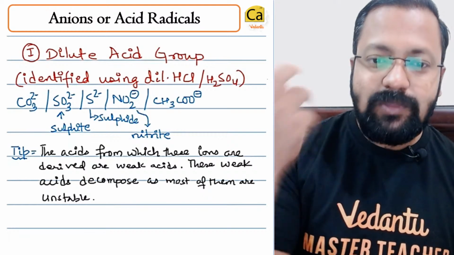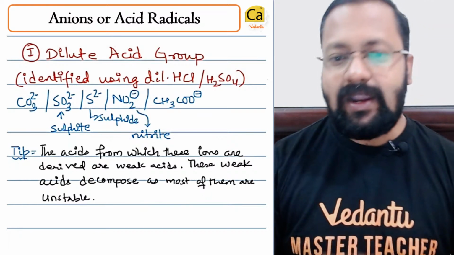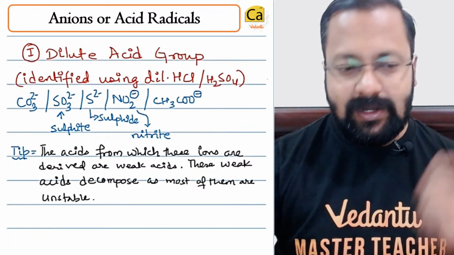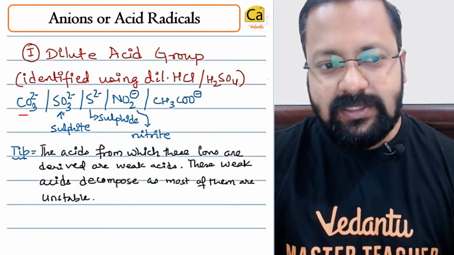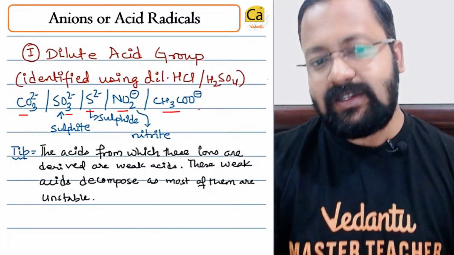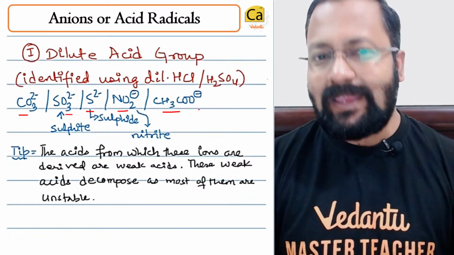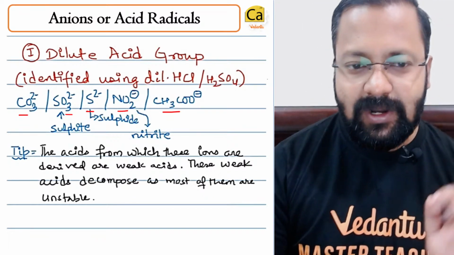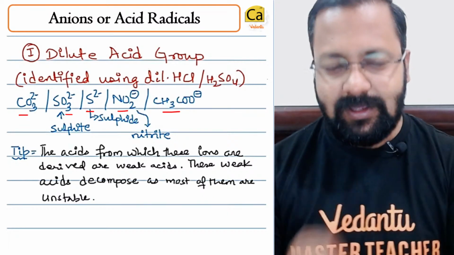These anions take up this H plus ion and turn into something which dissociates pretty easily, and it includes carbonate, sulfite, sulfide, nitrite, acetate. We have read tests for each and everything.